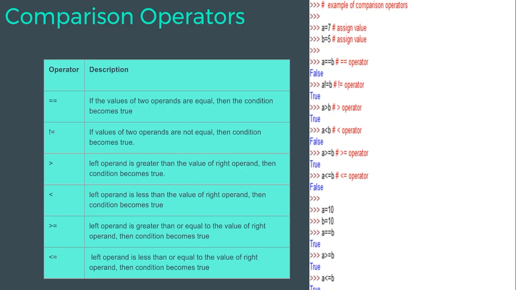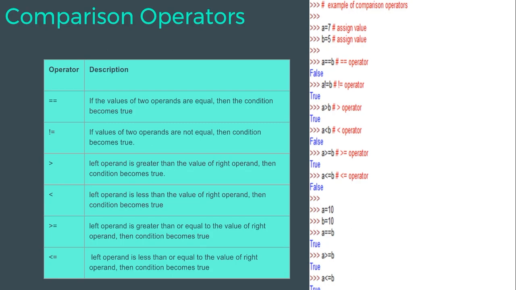Now we perform the greater than or equal and less than or equal operators. a is greater than or equal to b means 7 is greater than or equal to 5. Of course 7 is greater than 5, so the answer will be true. If a is less than or equal to b, 7 is less than or equal to 5, 7 is not less than 5, so the answer will be false.